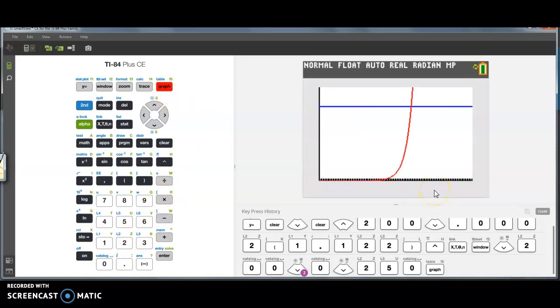So there's my 200 line, and here is my line explaining the pressure. We see it starts out very small, and then because it's exponential, it gets this curve and it rises very quickly. So I have here a point where they meet, and I can find that using the intersect command.